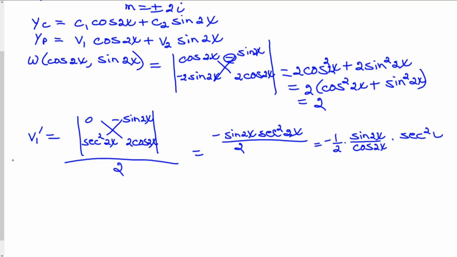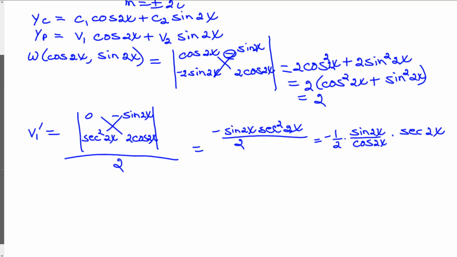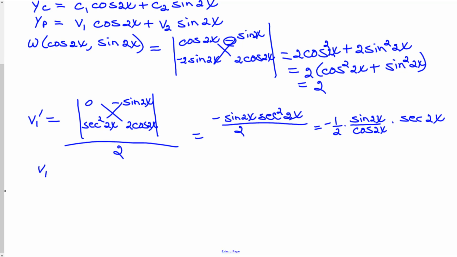Not secant square x. I misread that. Let me correct that. Secant 2x, because we got rid of the squaring when we took the 1 factor of secant and we wrote it here. So this is actually v sub 1 prime. Let me get down a little bit. V sub 1 prime is equal to negative 1/2 secant 2x tangent 2x.